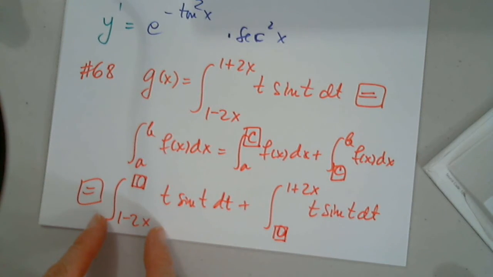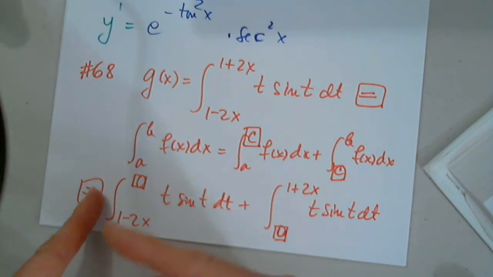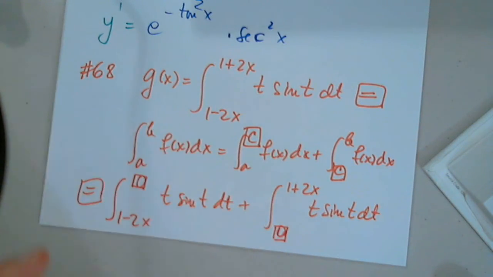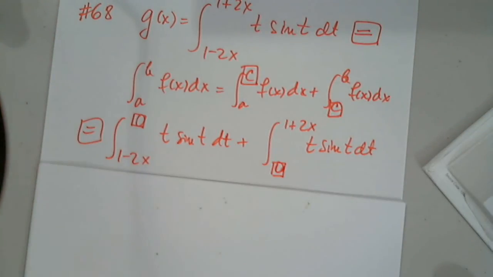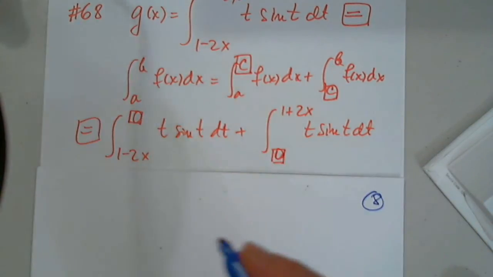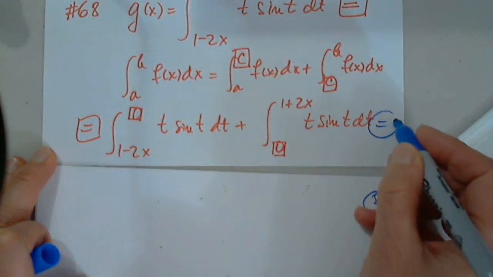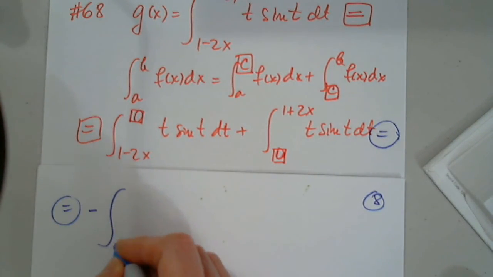But I have a problem here. The definite integral has another property. When I swap the limits of integration, what happens? Does it make it negative? Exactly.